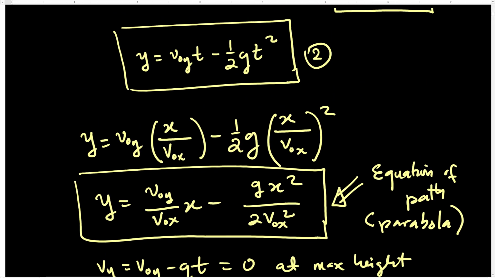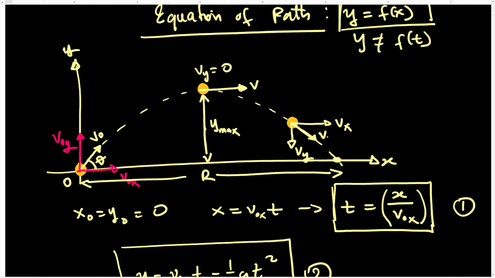Now, if you look at the path of a projectile, it is highly symmetrical. Let me say that again. The path of a projectile is highly symmetrical. That means that the time it takes to reach maximum height, as long as the projectile is launched on a flat horizontal surface, is equal to the time for which the projectile hits the ground again.